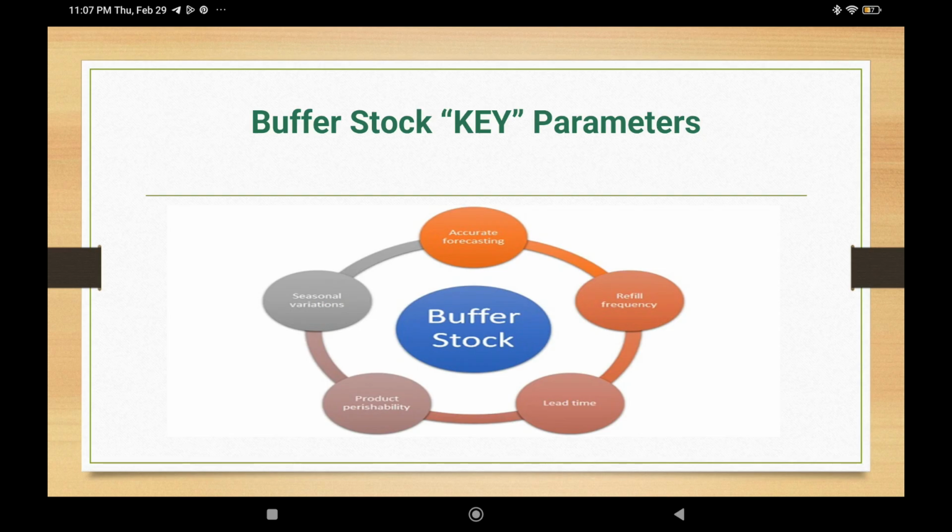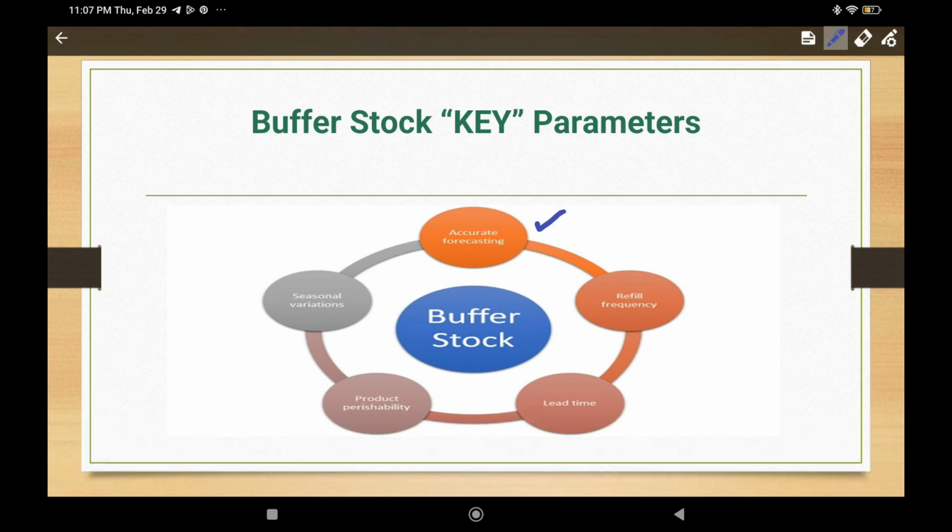To maintain a buffer stock, the things we have to keep in consideration are, number one, accurate forecasting. Next is refill frequency; we have to determine a refill frequency. Then seasonal variations we have to take care of, and product perishability we have to take care of, and last but not least is lead time.